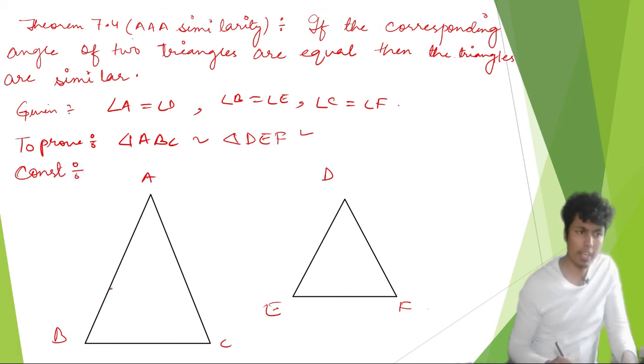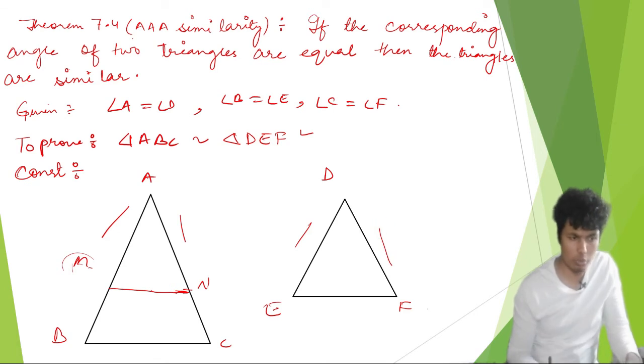Let us draw a line MN such that M lies on AB and N lies on AC, and AM and AN are equal to DE and DF.